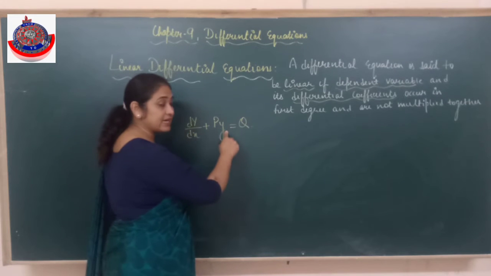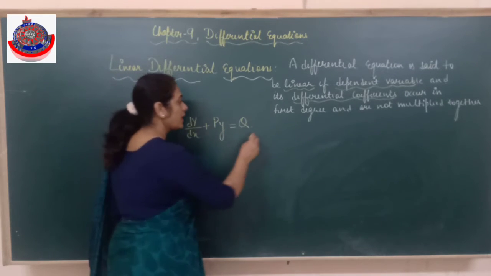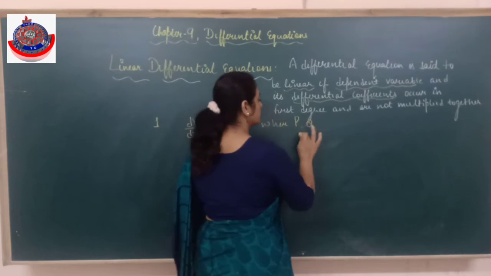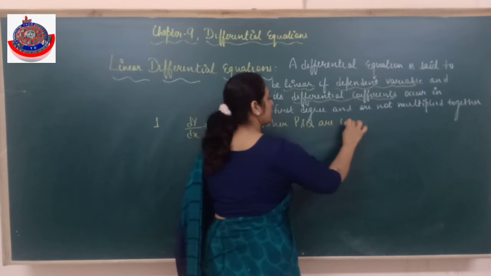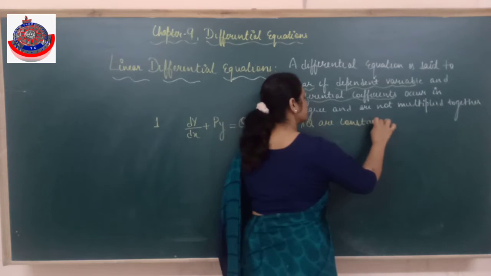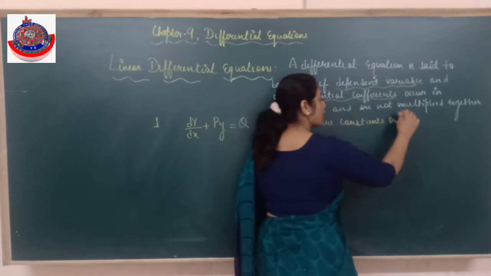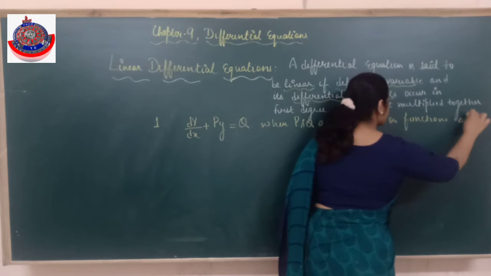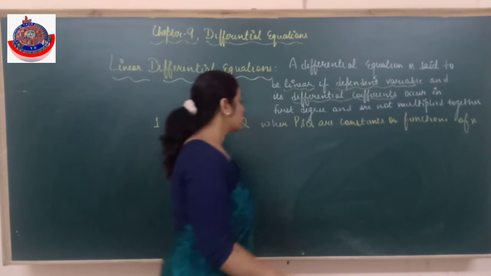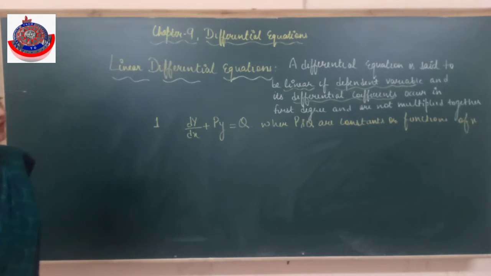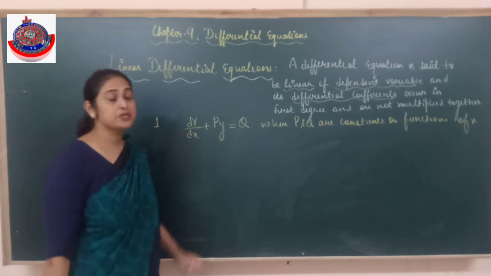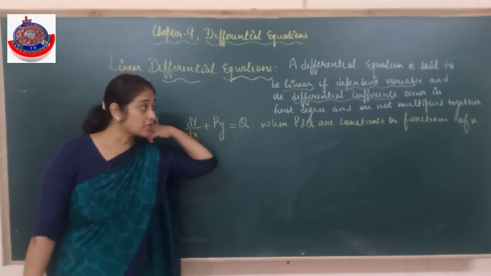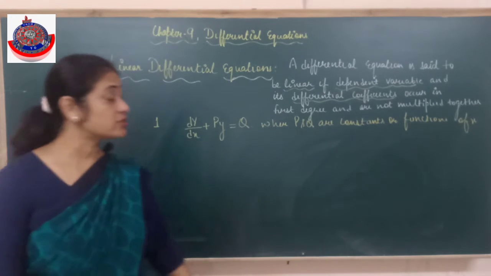Differential coefficient and dependent variable both are in degree 1, and where p and q are either constants or functions of x. They can be constants also, or they are functions of x.